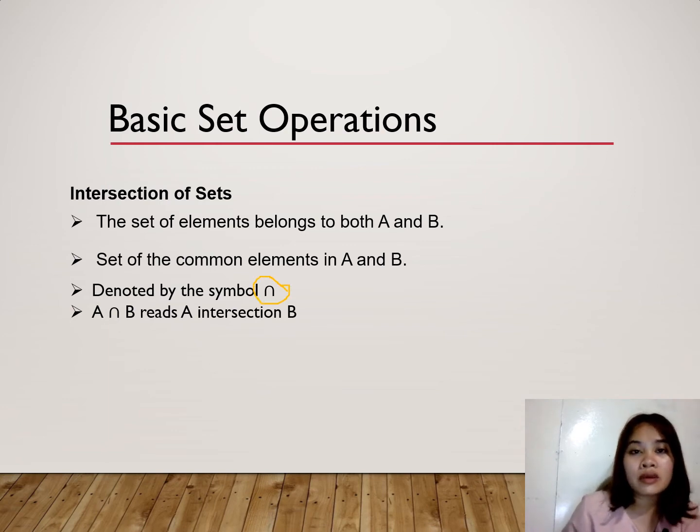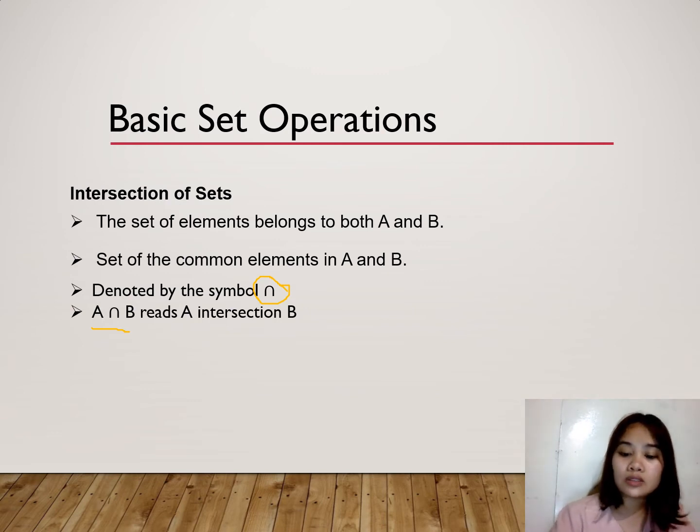So this can be read as A intersection B. So in intersection, class, the elements that are common to A and B. When we say intersection, what are the elements that are common, the same in both sets A and B. That is why it is called intersection.